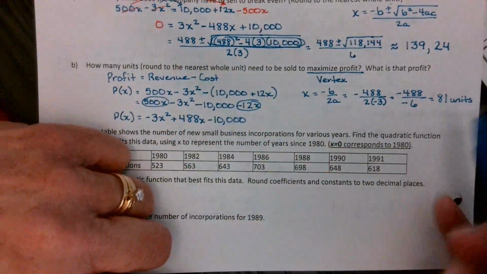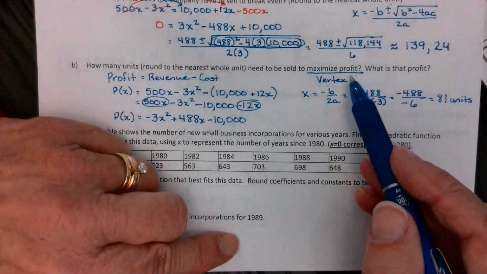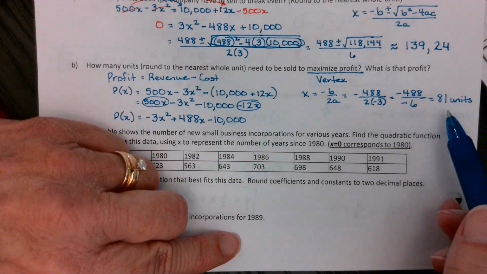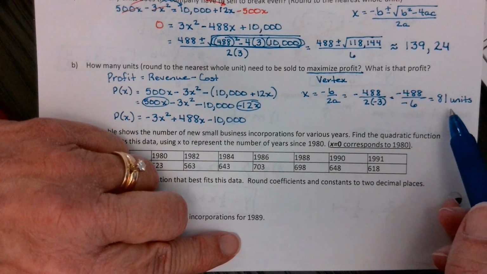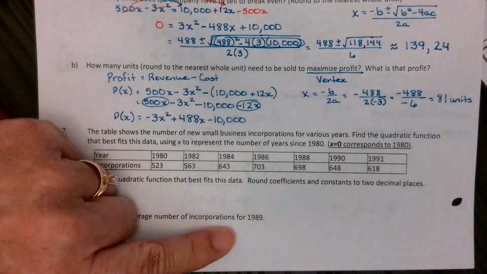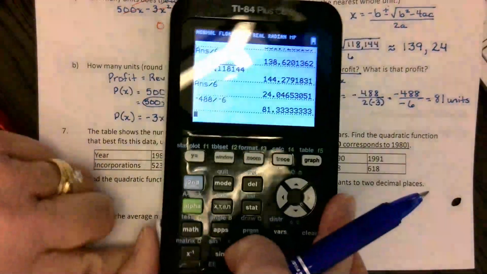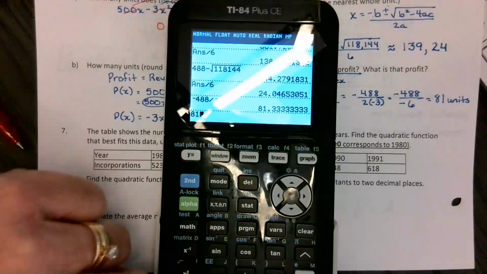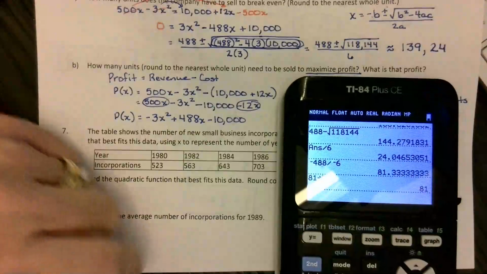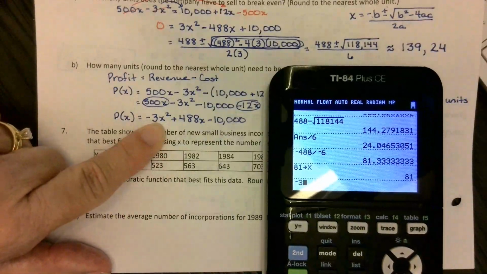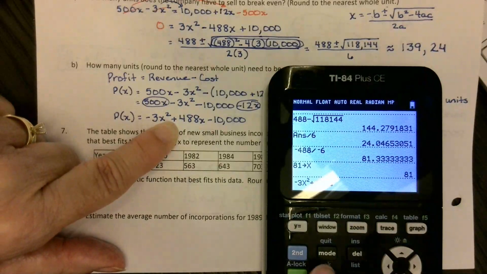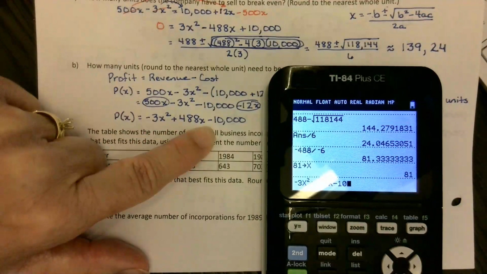Sorry, my document camera's in the way. Now, that's the first question. What is that profit? Meaning, how much money are we going to make from selling 81 units? Well, you take this and you plug it in. You're going to take 81 and store it as x, or however you want to do it, and plug it into this formula: negative 3x squared plus 488x minus 10,000.